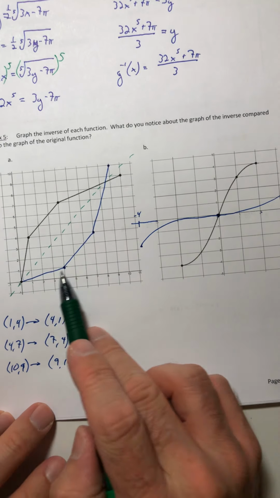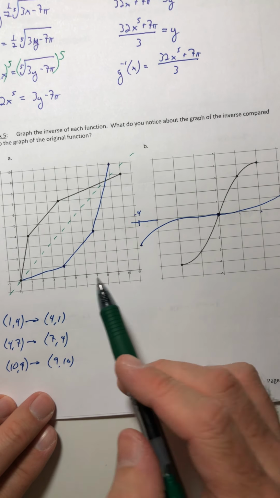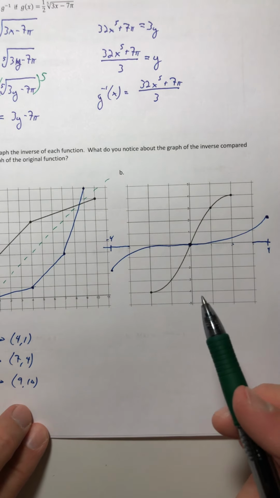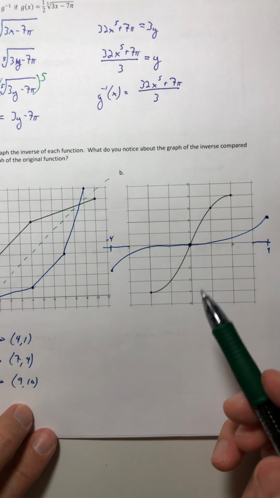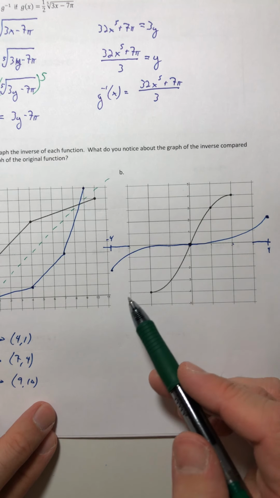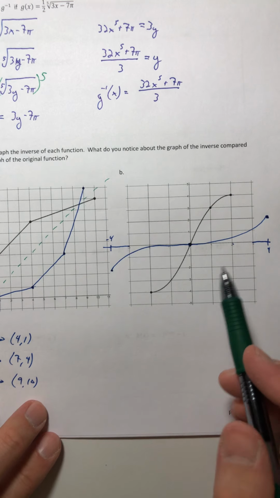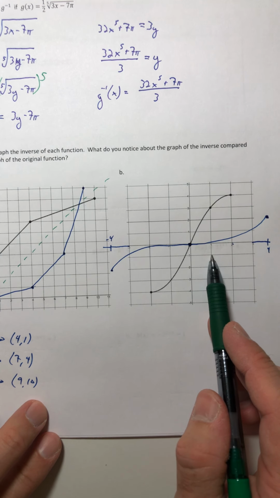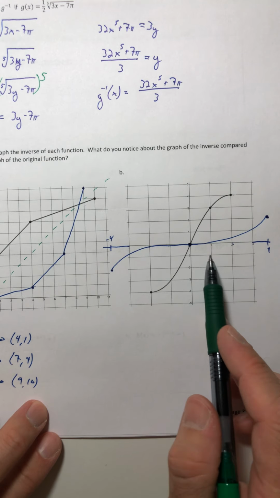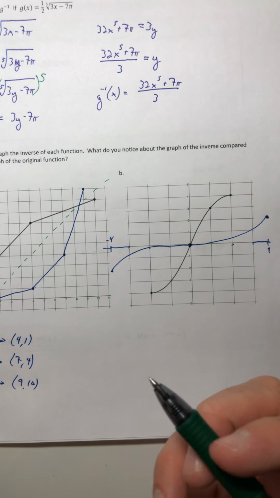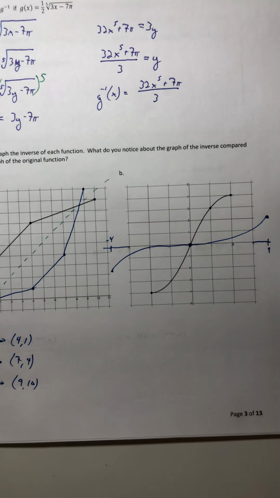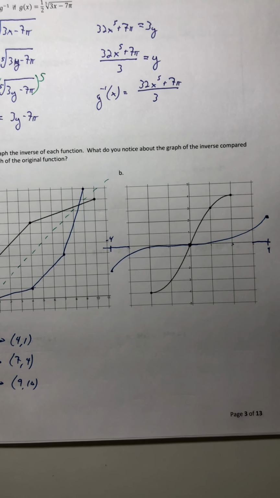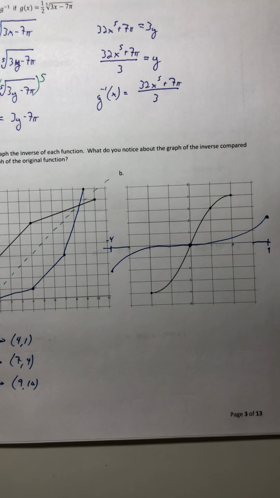So this one worked out really nice visually because the x and y were to scale. This one, it's still symmetric about that. It just looks weird because the x's are a little bit wider than the y values. Like the spacing is not great. So I apologize for that. But there you go. Okay, go ahead and try the homework and let me know if you have any questions.